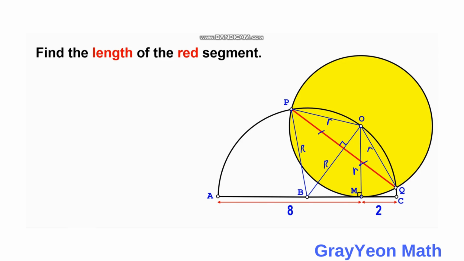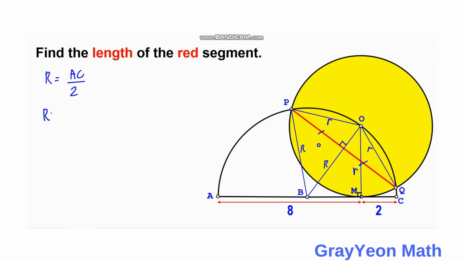Okay, so our main focus is this triangle POB. But first, we need to get the lengths of this capital R and small letter r. This capital R is actually the radius of this semicircle, represented by AC over 2, diameter divided by 2.